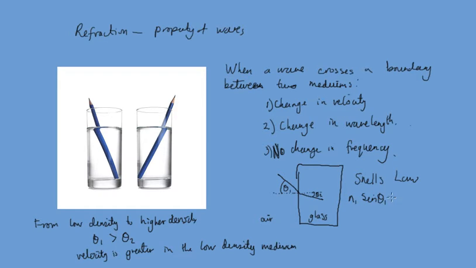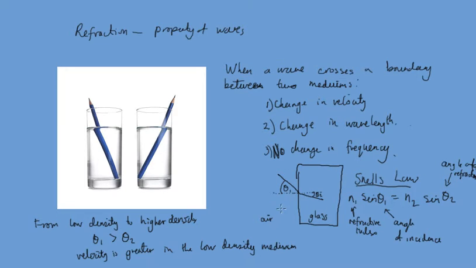N1 sine θ1 is equal to N2 sine θ2, where N is the refractive index, and θ1 is the angle of incidence, and N2 is the refractive index of this medium, and θ2 is the angle of refraction. Not made that very clear at all.